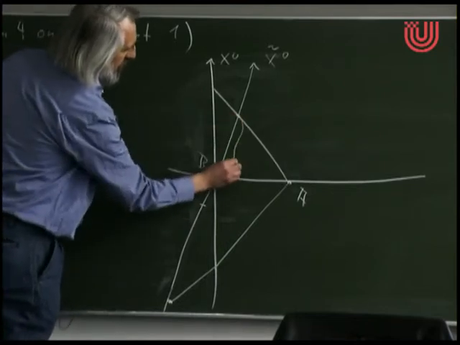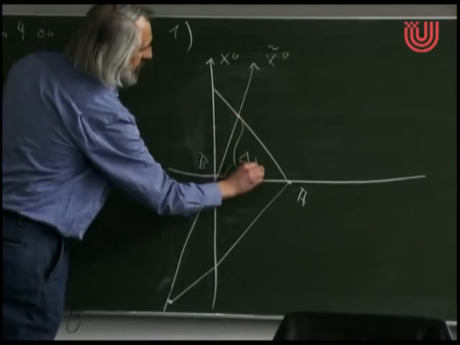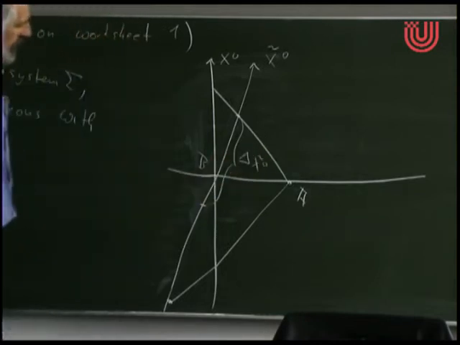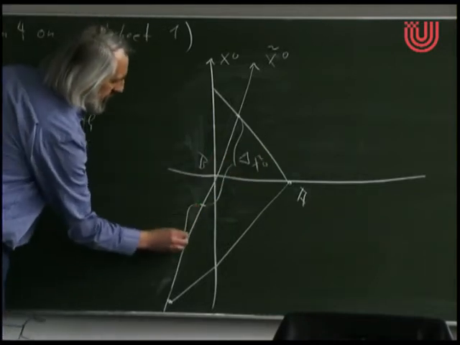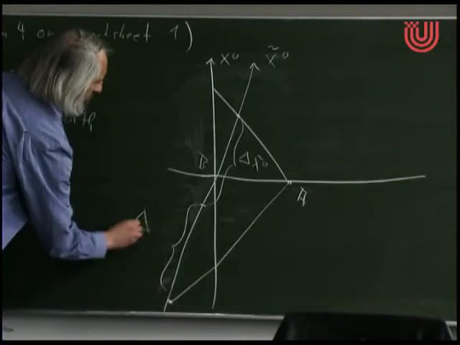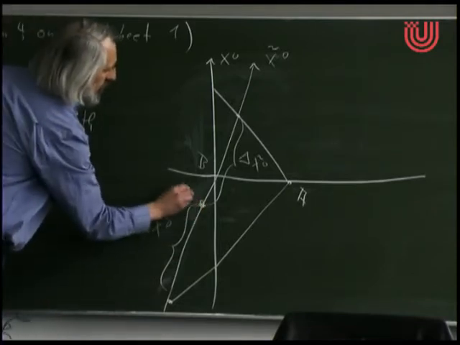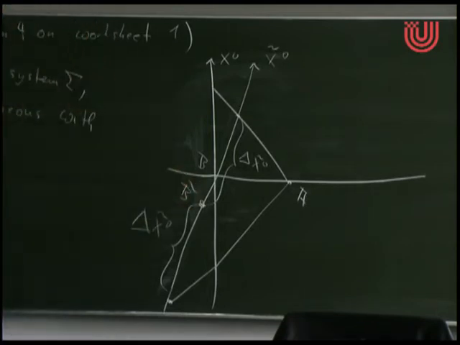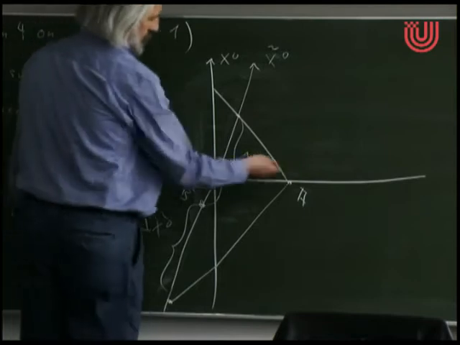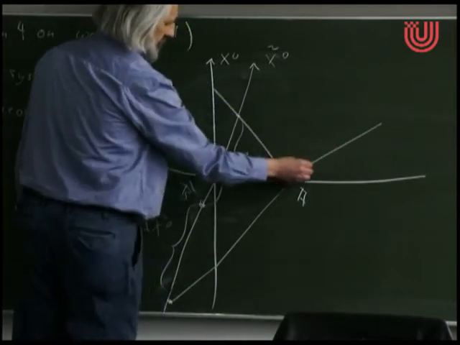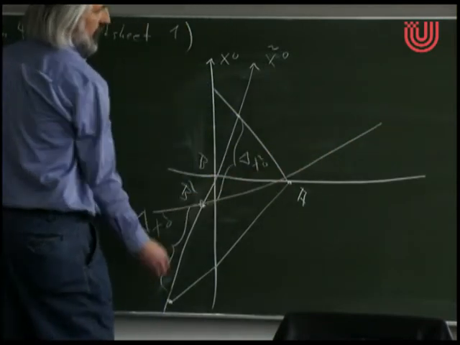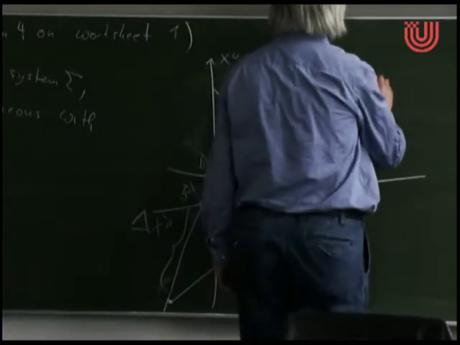So this would now be a temporal distance, delta x0 twiddle, and it's supposed to be the same distance, delta x0 twiddle, and here would be the event B twiddle, which is simultaneous now with respect to the new inertial system. And if I do this for all points here, I get something like this. So this is the hyperplane.